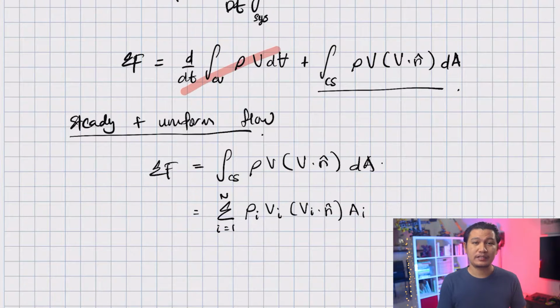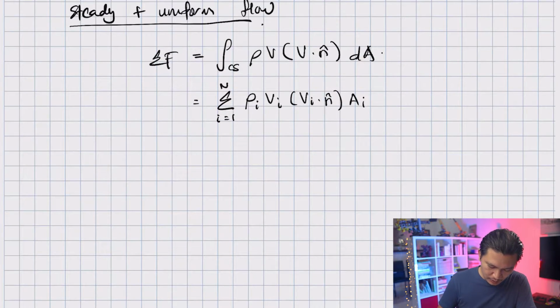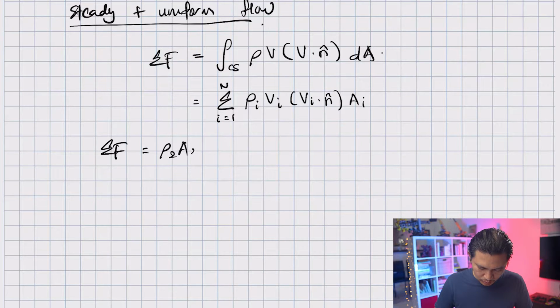And i here is simply the number of entrances and exits. For example, if you have one entrance and one exit, this equation becomes summation of force equals rho 2 A2 V2 V2 minus rho 1 A1 V1 V1.